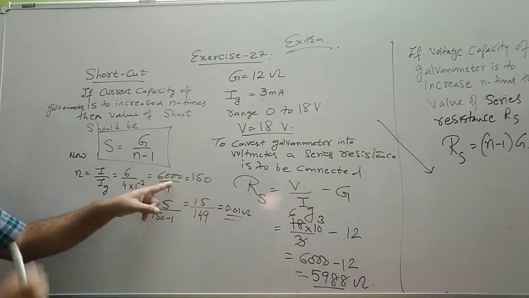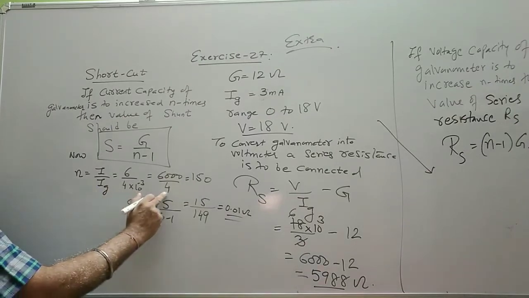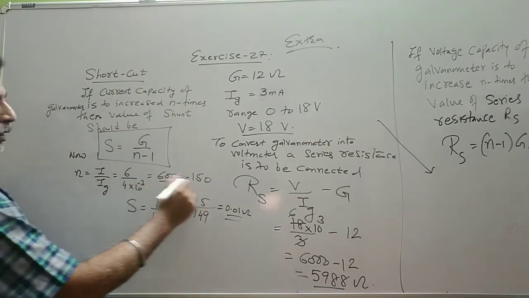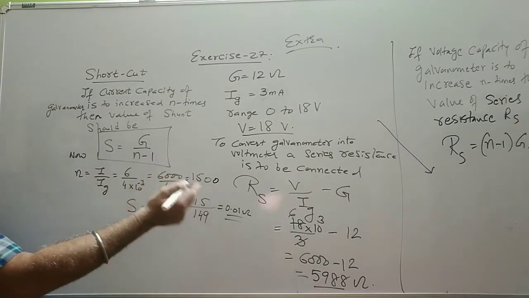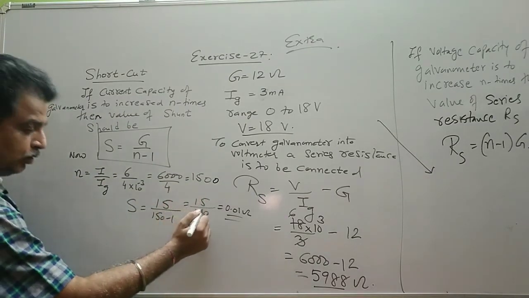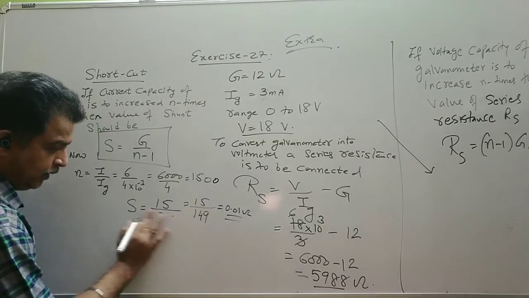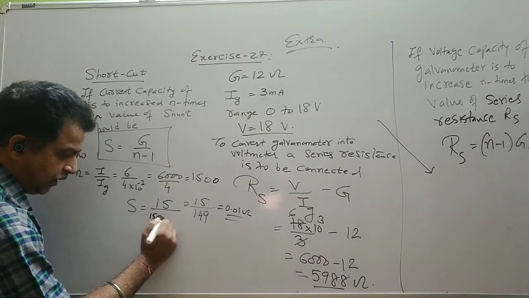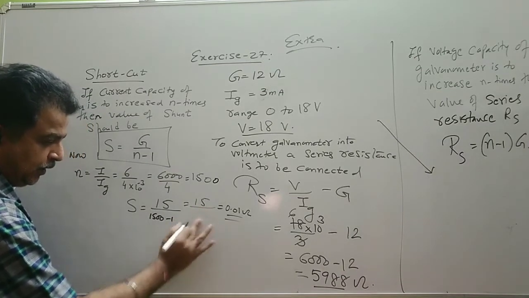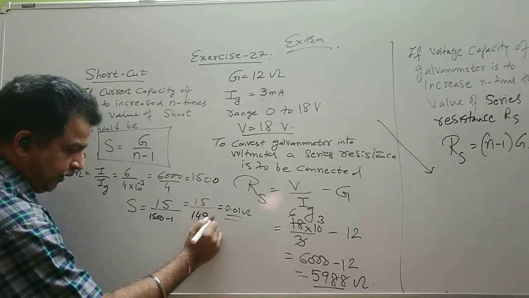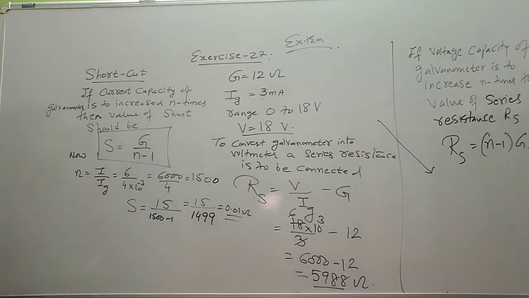Sorry, you do the correction here. It is 6000 divided by 4, so it is 1500. So the range has to be increased 1500 times. So it becomes 15 divided by 1500 minus 1, that is 15 divided by 1499.